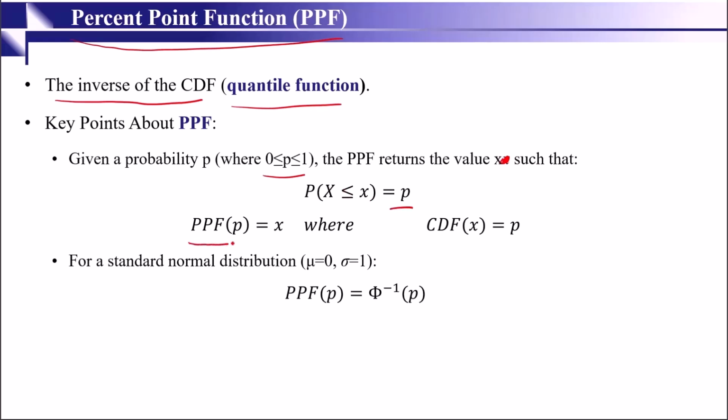So PPF of P is equal to x, CDF of x is P. So the other side of CDF is PPF. And for a standard normal distribution where mu is equal to 0 and sigma is equal to 1, PPF is phi inverse or CDF inverse of P. For example, if you have a question like below what value do 95% of the observations fall, we can go for PPF.